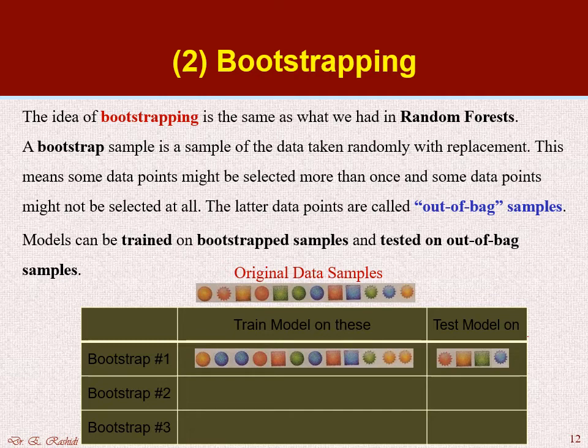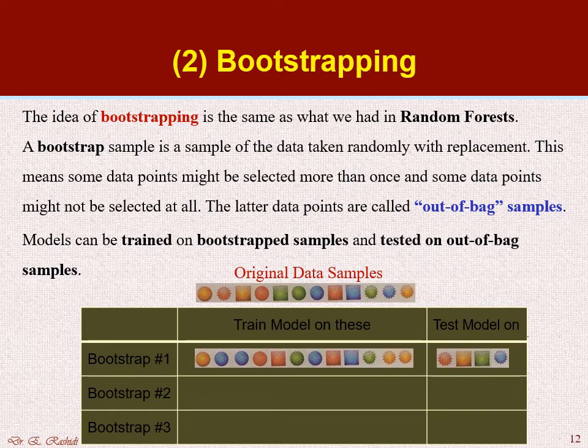So let's build another bootstrap dataset. We're going to pick 12 times, one shape at a time out of these 12 different shapes here. Some of them are going to be repeated, and some of them not going to be selected at all, which is going to be our out-of-bag samples.